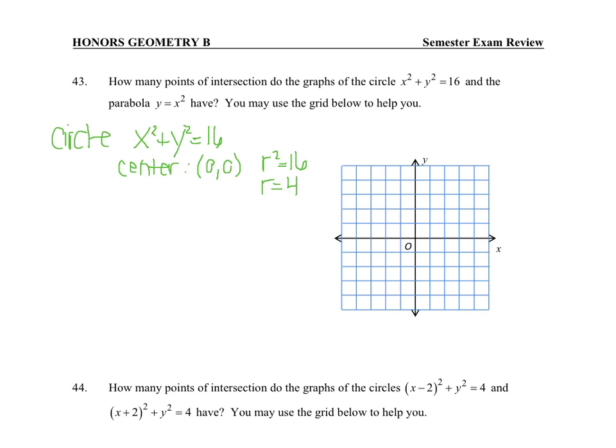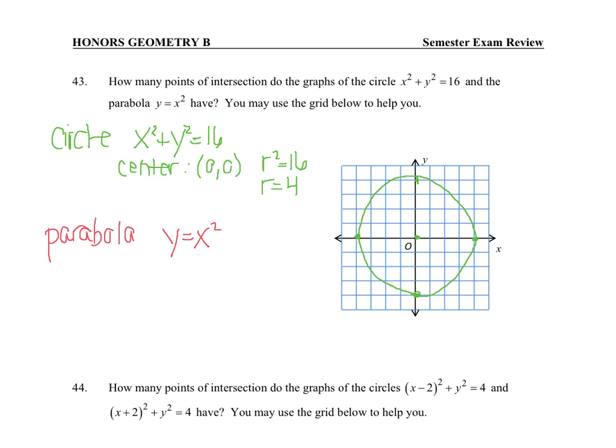So if I plot that, I'm going to be going 4 to the right, 4 up, 4 to the left, and 4 down. And I'm going to get my circle. My parabola is of the equation y equals x squared.